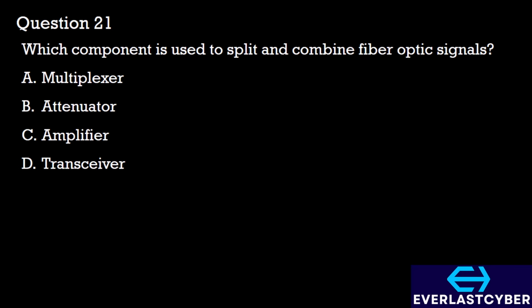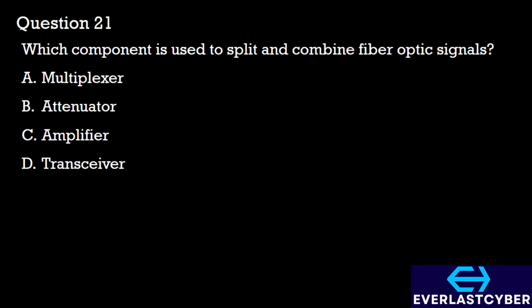An attenuator is a device that is used to reduce the power level of an optical signal. An amplifier increases the power level of an optical signal, while a transceiver is a combined transmitter and receiver module that is used for transmitting and receiving optical signals over fiber optic cables.